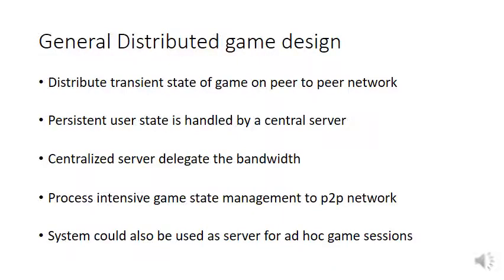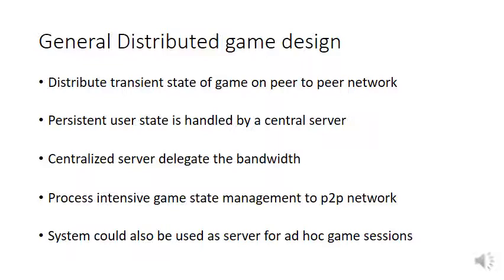So here we have a general distributed game design. When we're talking about what is actually being shared in terms of data, it's the transient state of the game. It seems pretty vague, so what does a transient state mean? A transient state is saying what position the player is in with respect to the players who are in the same region as the player.